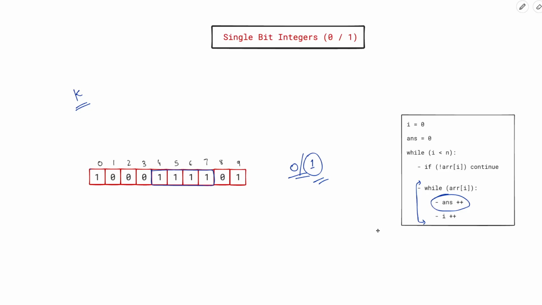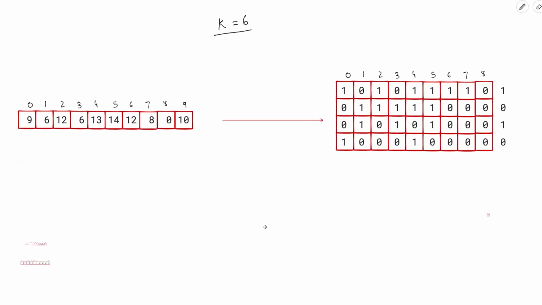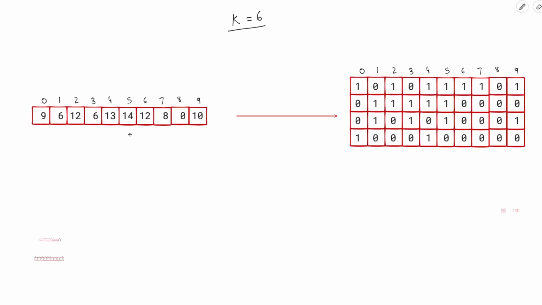Let's move forward with the multi-bit integers, that is the actual 32-bit or 30-bit integers that are given in the problem statement. So when you have this multi-bit integer, just to give you an idea, this 9 is simply 1001, right? Similarly this 6 is 0110, and so on and so forth.